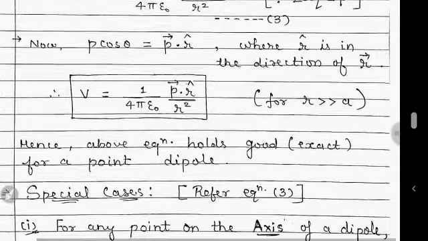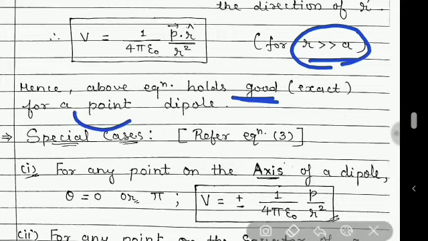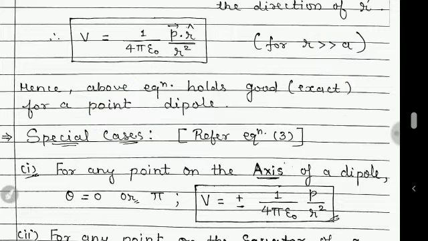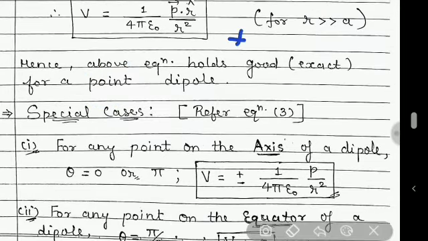Now, as this equation is used for this condition, it holds very well for a point dipole. Point dipole means the positive charge and the negative charge are quite close to each other.